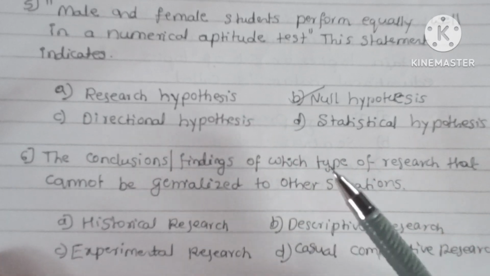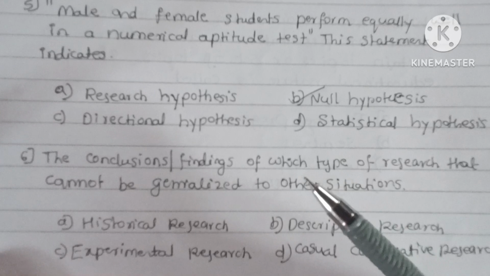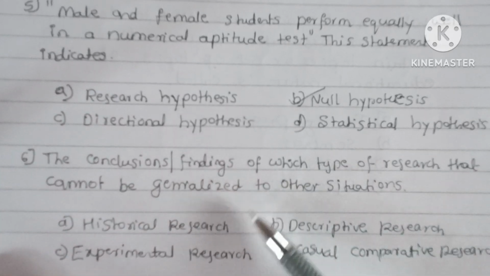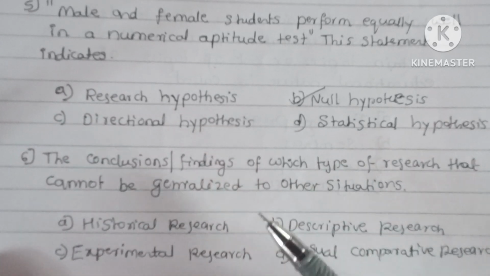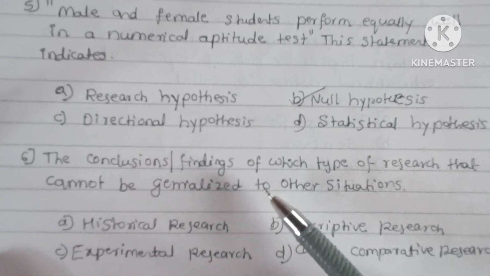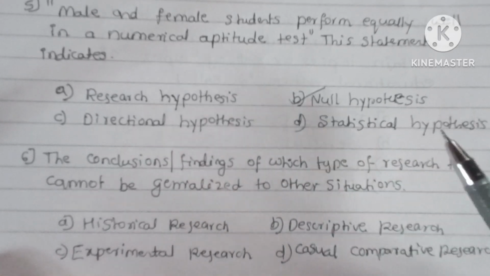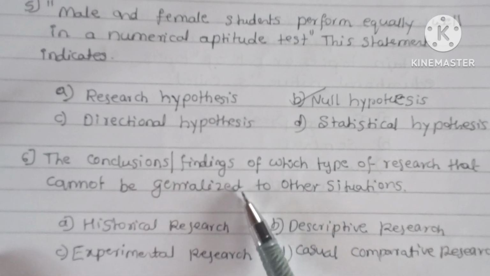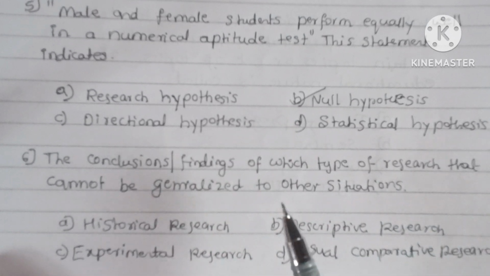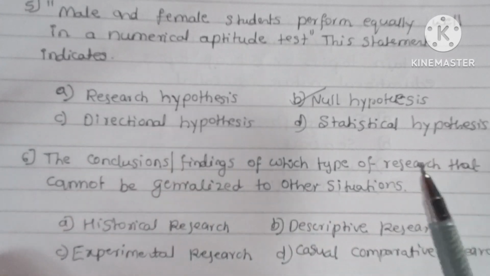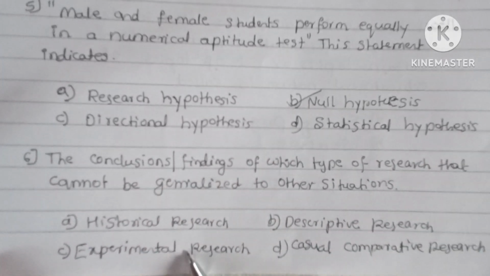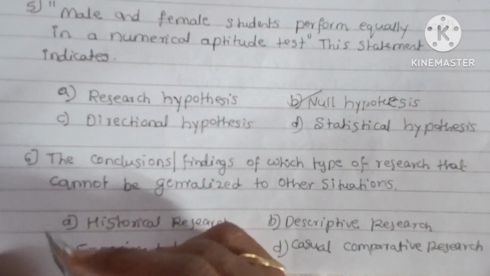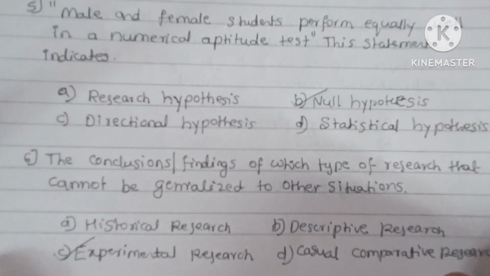It tends to have low external validity, meaning it cannot be generalized to other situations or groups. So, for research findings that cannot be generalized to other situations, we are using experimental research. Option C is the right answer.